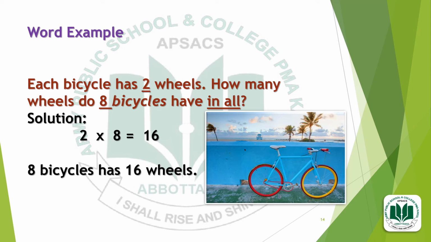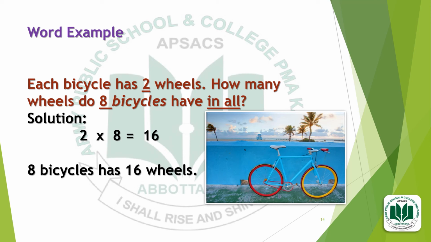Now I will explain this with the help of a word example. Each bicycle has 2 wheels. How many wheels do 8 bicycles have in all? Each bicycle has 2 wheels means one bicycle has 2 wheels and you have to find the wheels in 8 bicycles. You have to underline the numbers.